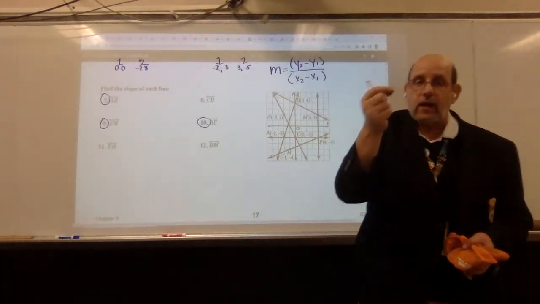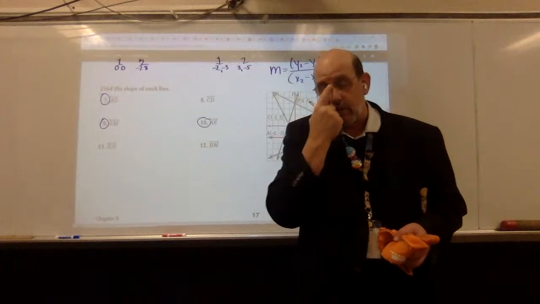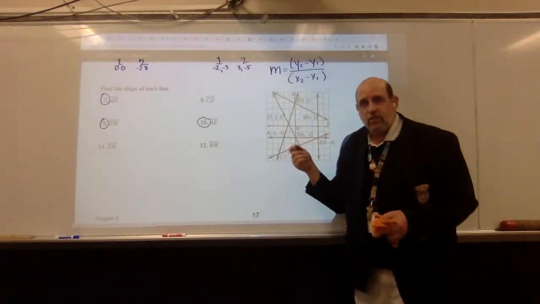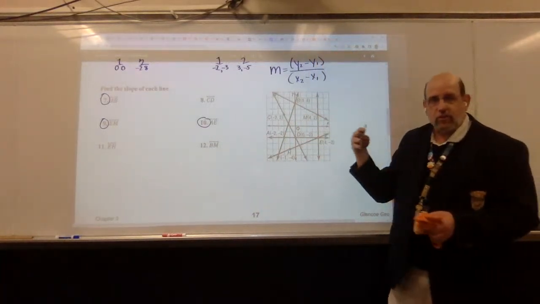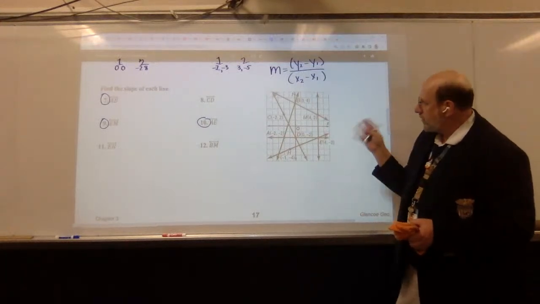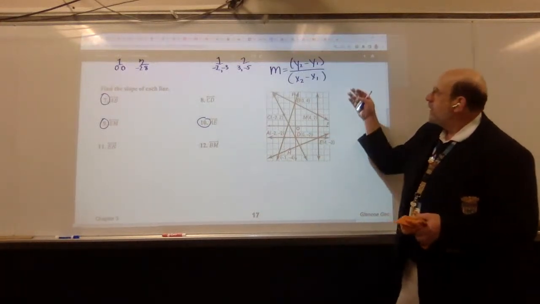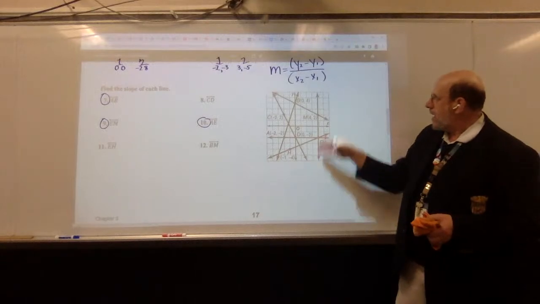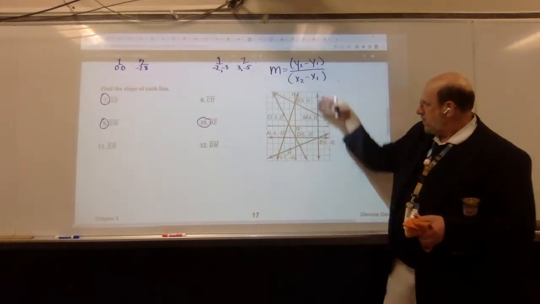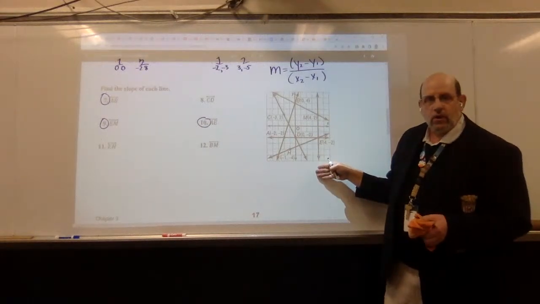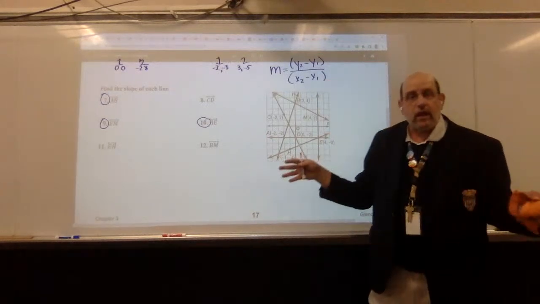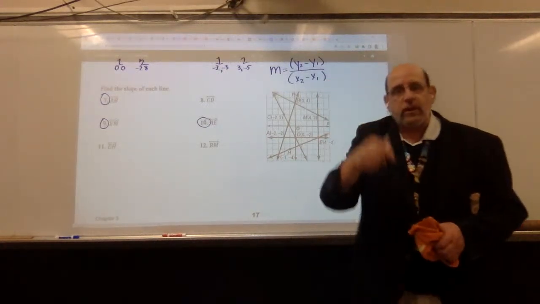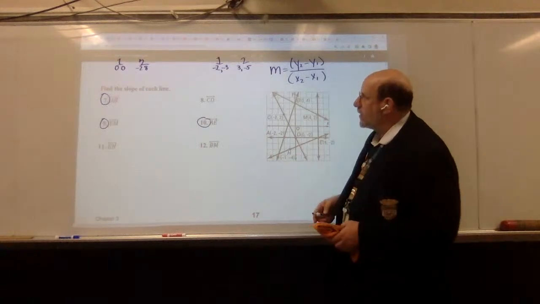And of course, you cannot divide by 0. It doesn't exist. Even though this isn't just a fraction, it's your rise over your run. It tells you it's a ratio. You can't have 0 run because you'd have a vertical line, and that is an undefined slope. So I'll explain that when I get there, and then we'll move on to the next step.